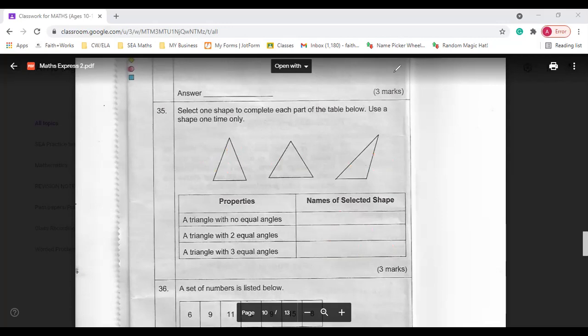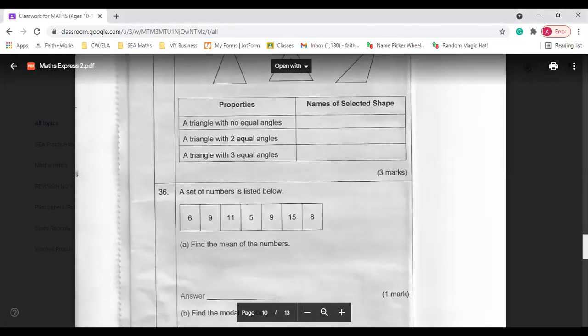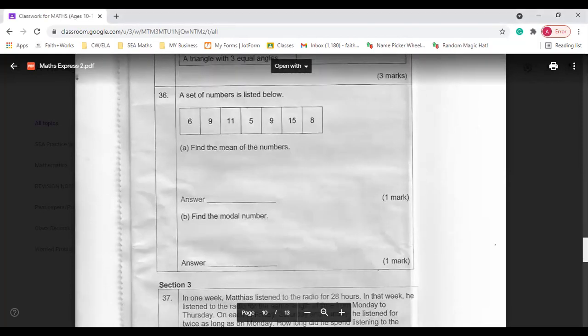All right, our last question in section 2. A set of numbers is listed below. 6, 9, 11, 5, 9, 15, 8. Find the mean of the numbers and find the modal number. All right, so the formula for mean.